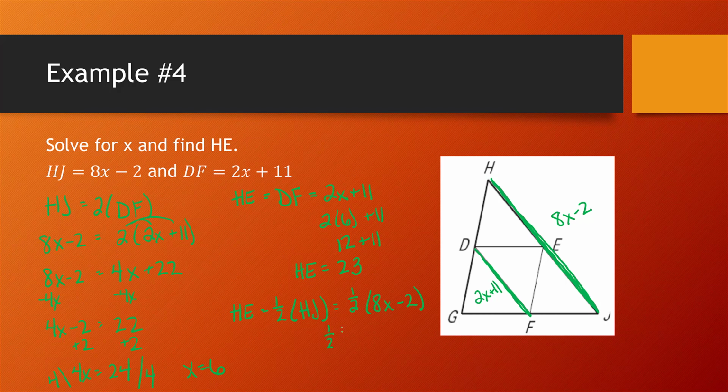So 1/2 of 8 times 6, minus 2. 8 times 6 is 48, minus 2, and we still have a 1/2. 48 minus 2 is 46, so 1/2 of 46 equals 23. And it does not matter which way you did this. Notice we got 23 for HE both times. All you need to do is find which relationship you can recognize. Do you see that HE equals DF, or do you see HE is half of HJ? Both of those are going to be correct.